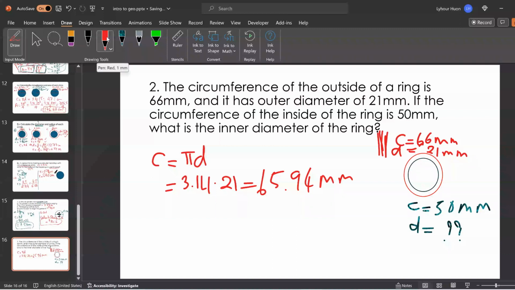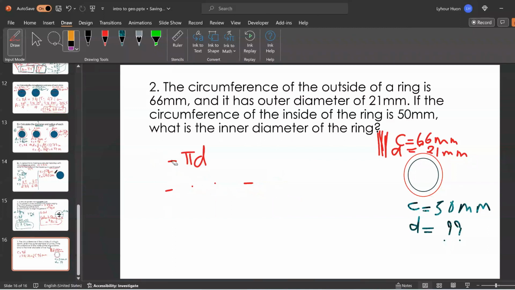But the purpose of the exercise is about proportions. Proportions? Yeah, proportions. When we have two similar items, and we have this one as the reference, we can use this as the next reference as well.